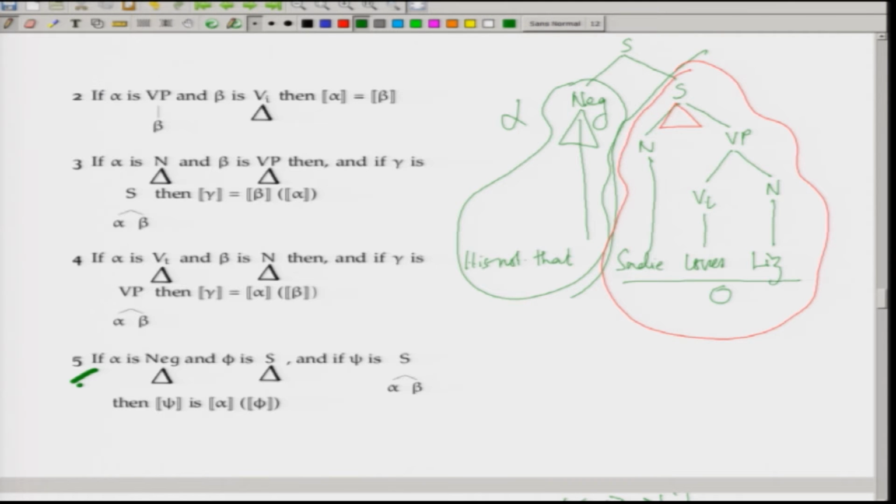In that case, if xi is S goes to alpha beta, we can see that is perfect.